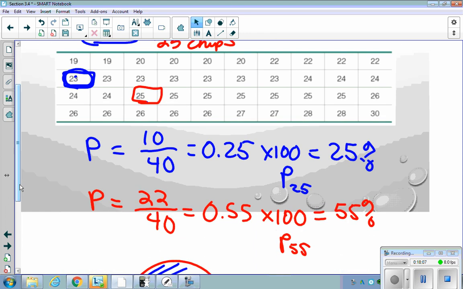Let's say that I want to locate the percentile for 26 chips in a cookie. This time I'm not telling you the percentile. You have to find the percentile.